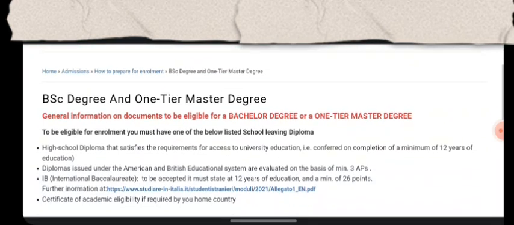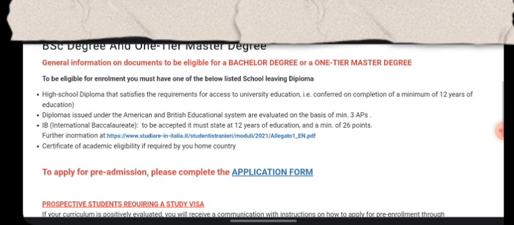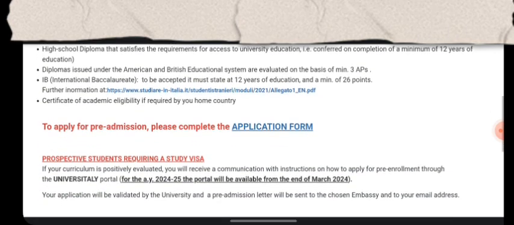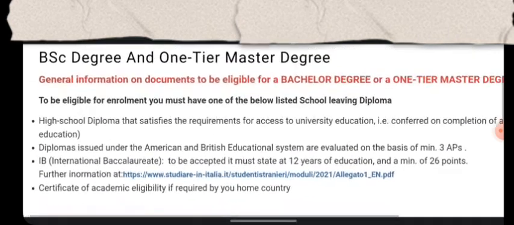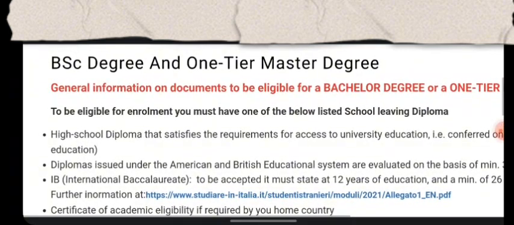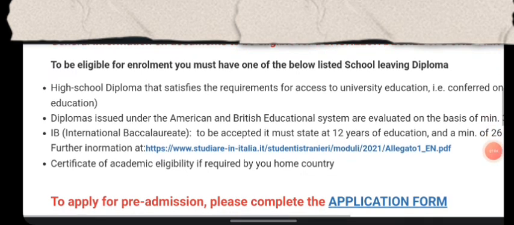Okay, now let's go to the next information, which is the list of programs and very important information before we look at the pre-admission process. This section says the BSc degree and a one-time master degree. To be eligible for enrollment, you must have one of the below listed school leaving diplomas, either your high school diploma or your bachelor's.